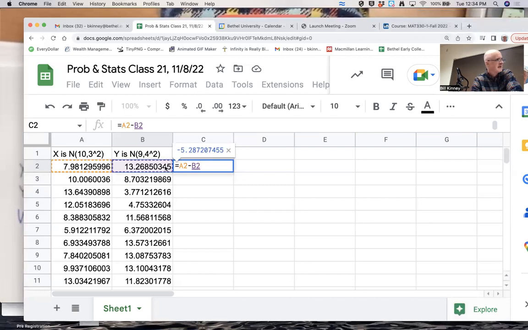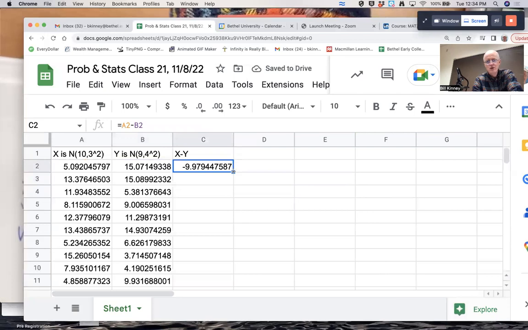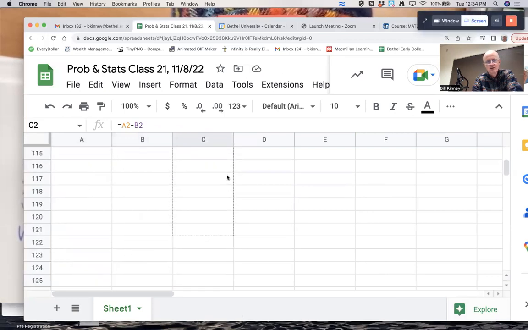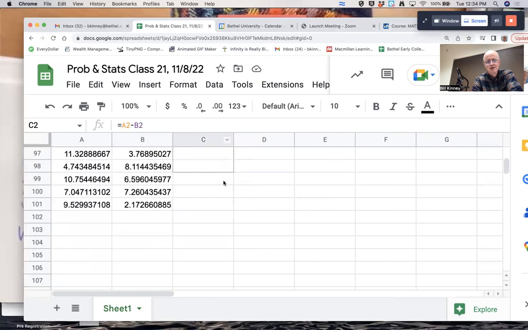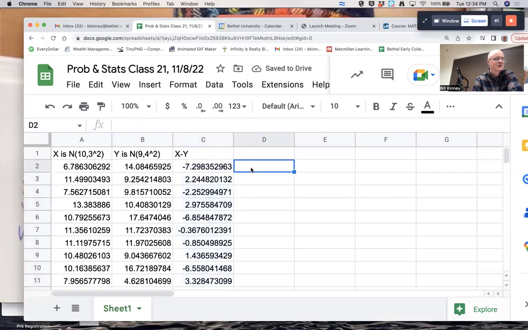Since we found a probability close to 0.42 for x being smaller than y, we should expect maybe about 42 out of 100 will be negative. Will it be exactly 42? I'm sure it will not be exactly 42. And again, it always changes as you copy and paste.